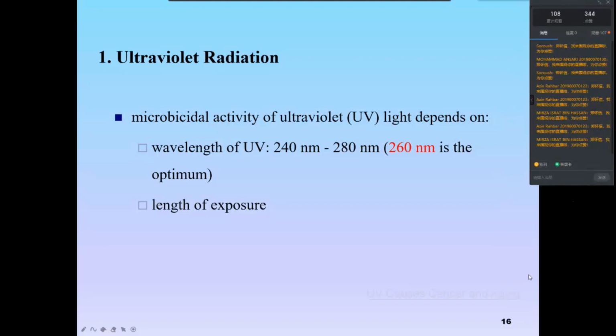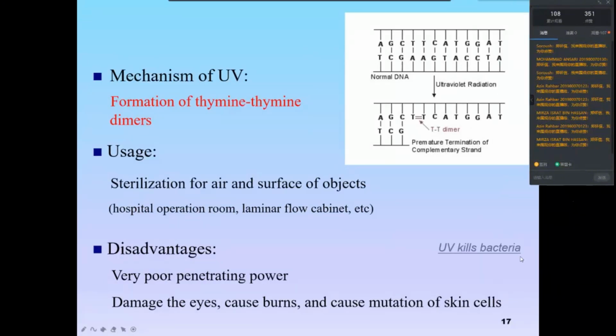Okay, after talking about the effect of UV light on humans, we are now focusing on the effect of UV light on microorganisms, what it causes in bacteria. So that's what we learn here. It's also mentioned in the video that when UV light shines on the DNA molecule, it causes the DNA molecule to form a TT dimer, a thymine-thymine dimer.